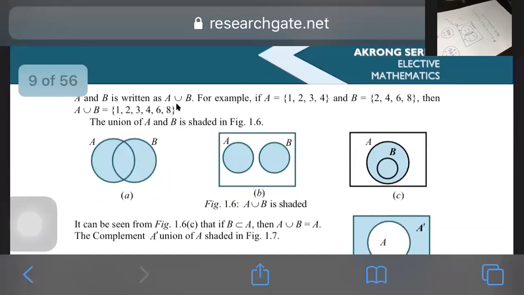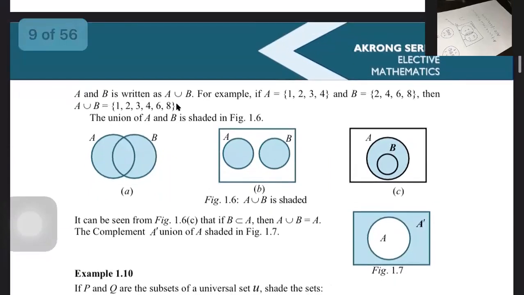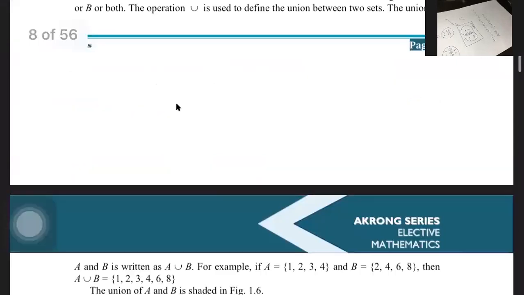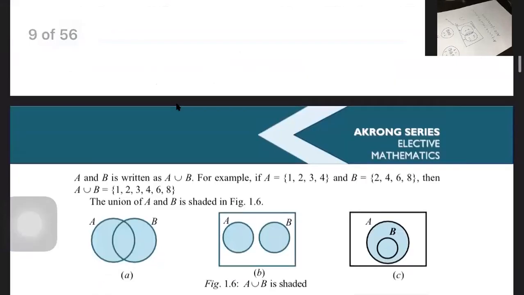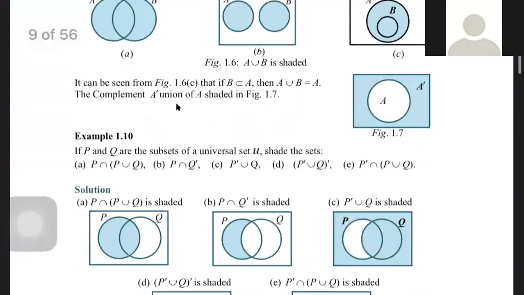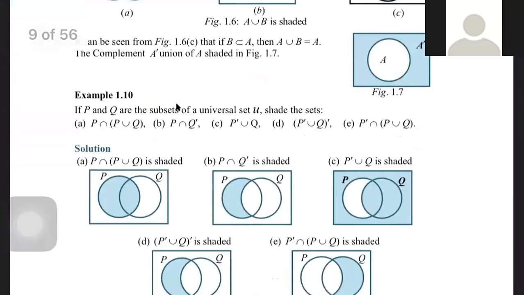So now let's move on to complement and the rest. Good. Now example 1.10. If P and Q are subsets of a universal set U, then shade the sets.